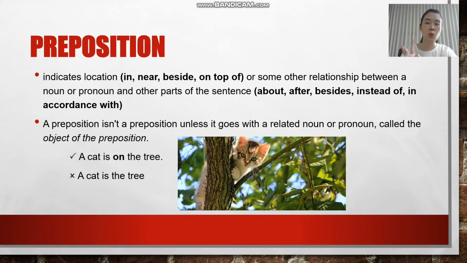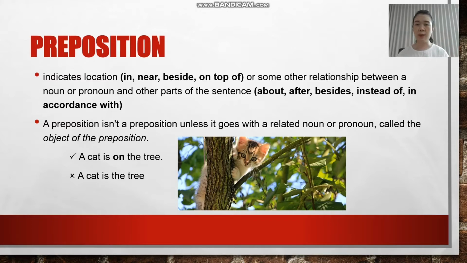But actually we have another one that is called object of the preposition, and it's here. So it means that whenever you are using the preposition, there must be something after that preposition, and that is called the object of the preposition. Normally it is a noun, or it can be a pronoun.